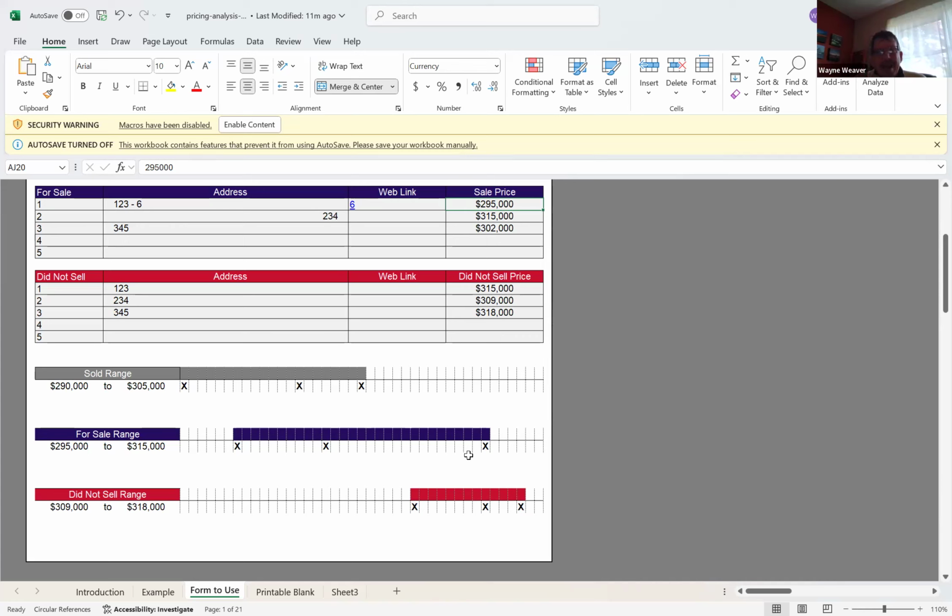The more data we have when we sit in front of these folks, not only to help us price it right, but think about all the objections you're going to get and have as many answers ready. Days on market answers, well, how do I know? Well, here, this is true data. This is what it sold for. This is how long it was on the market. This is what it's priced at right now.